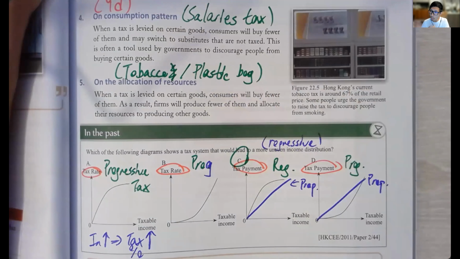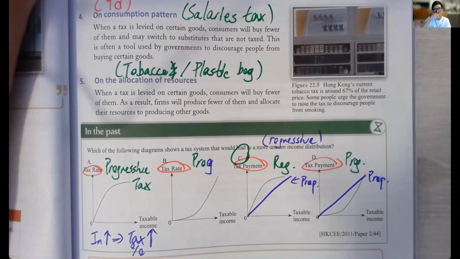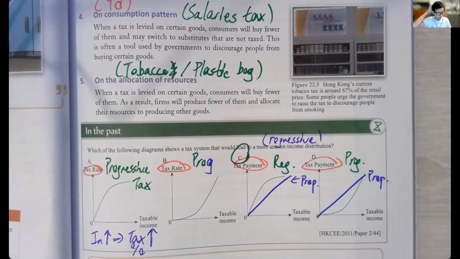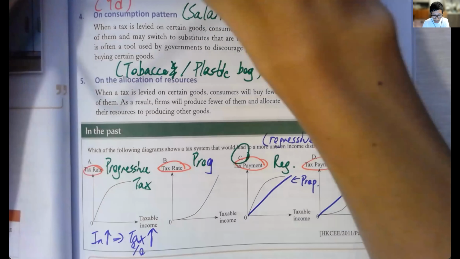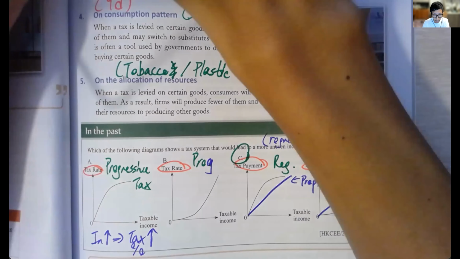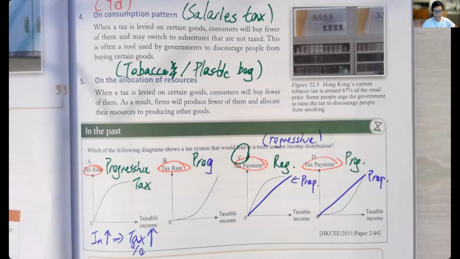OK, while four 頭先睇過啦，係咪？If it is anything below an upward sloping，係咪啊？而家佢唔係向上斜喎，打橫喎。So four would be regressive tax. OK，得唔得？好，唔嘥咁多時間啦。Wow, what about next one? Next one.